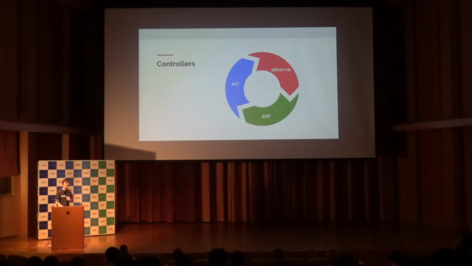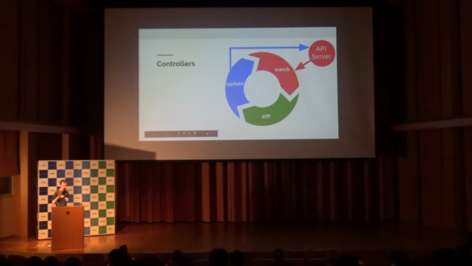I'll talk about some of the other examples a little bit later. But when you get down to it, what you're doing when you're observing is you're getting or watching a particular object from the API server, watching it for changes or just getting the current state, and then diffing that with some other state of the cluster.